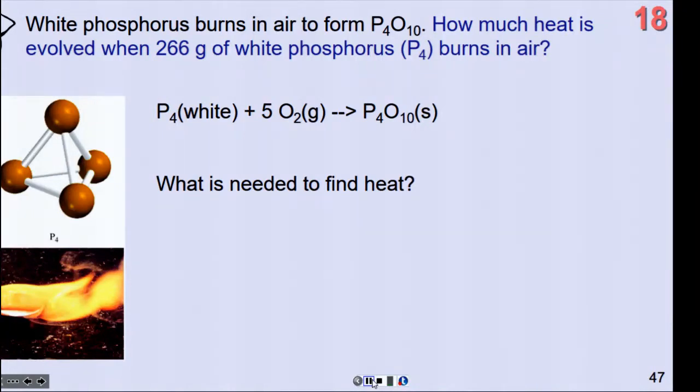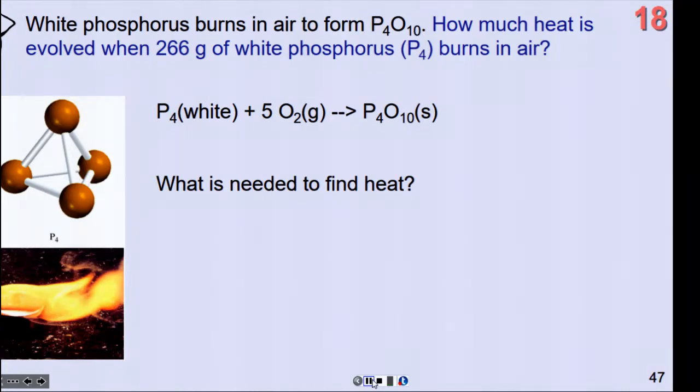What do you need to know to find how much heat is evolved for that number of grams of white phosphorus? We're thinking about heat changes, and we're looking at delta H values for a process, but then it's going to be per mole, right?